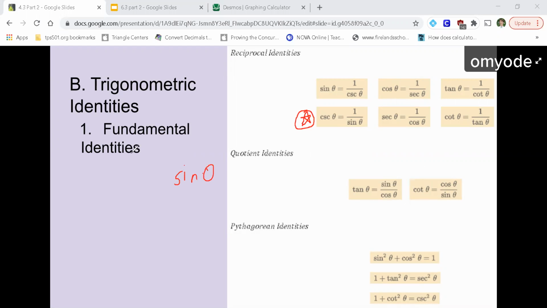If the sine of any angle is the y value on the unit circle, and the cosine of any angle is the x value on the unit circle, then since the tangent of any angle is just y over x, I can replace y with sine and x with cosine to get that the tangent of an angle is equal to the sine of that angle over the cosine of that angle. Right, you just replace.